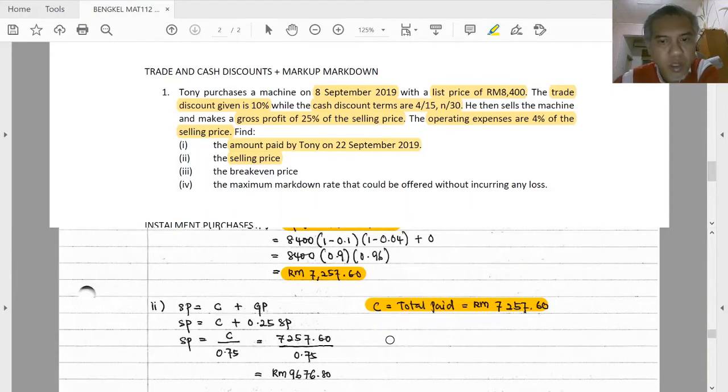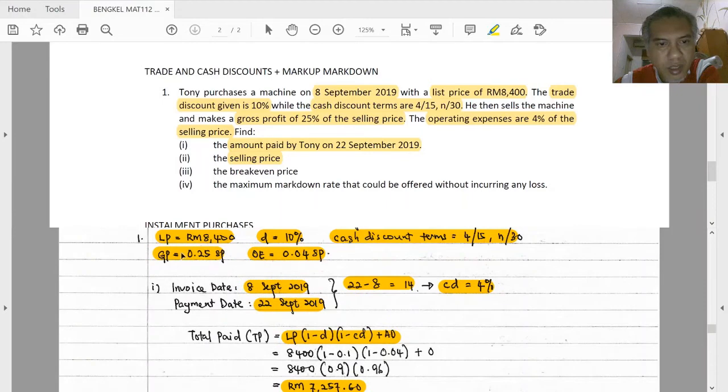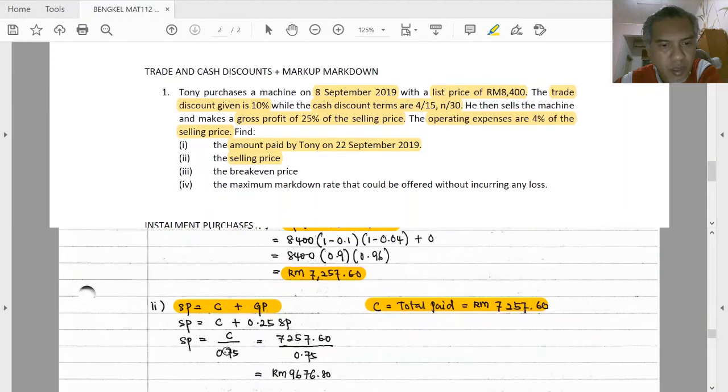To find the selling price, you are given the general formula SP equal to C plus M, that is cost plus the markup. But in this case, you can also replace the markup with GP, the gross profit. It is given that the gross profit is 0.25 of the selling price. So substituting GP with 0.25 SP, you get C plus 0.25 SP.